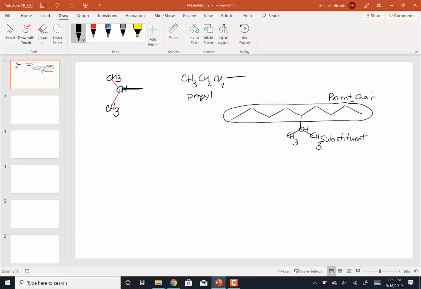There used to be an N in front of it for normal. They have jettisoned the N. I wrote a paper probably 8 or 9 years ago, and we were doing N-butyl lithium, and the referee's like, you can't use N anymore. It's just butyl lithium, because it's like saying the, and I'm like, whatever.